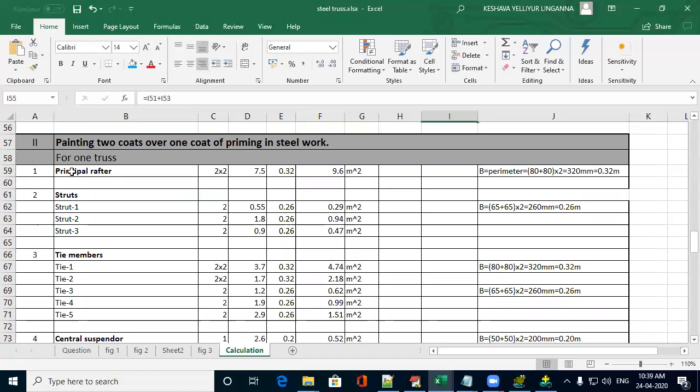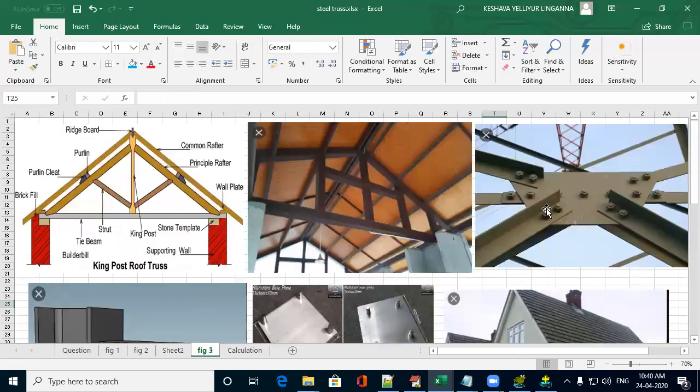So we'll start with the principal rafter. We have 4 numbers and its length is 7.5. I won't explain this because I've explained this earlier, how this number and length had come, same thing. I'll explain this width. Coming to the breadth, you have to take the perimeter of the angle. See, this whole thing should be painted on both the sides.